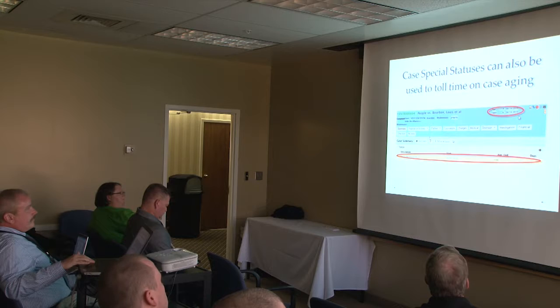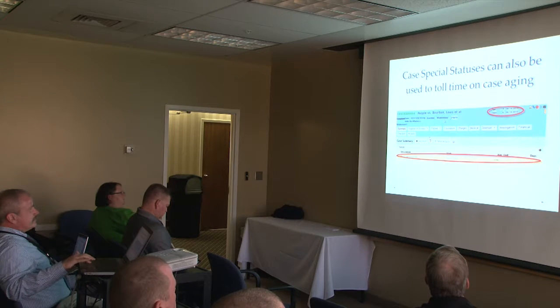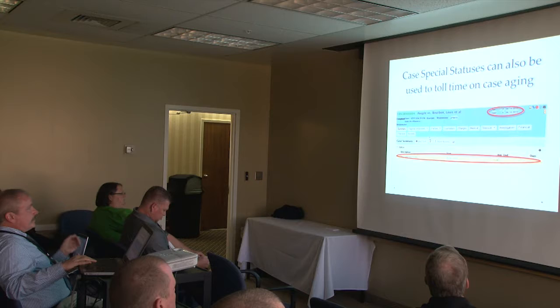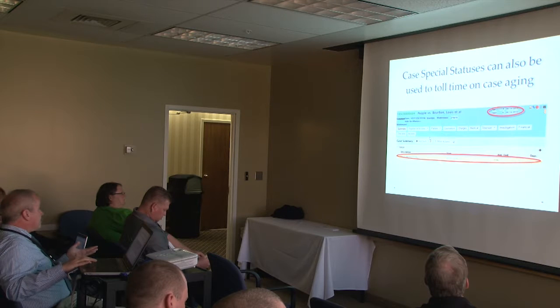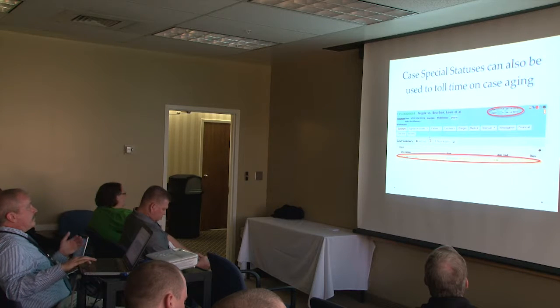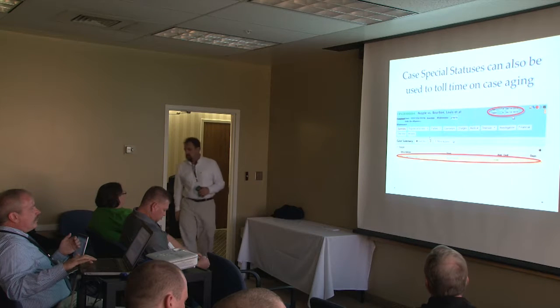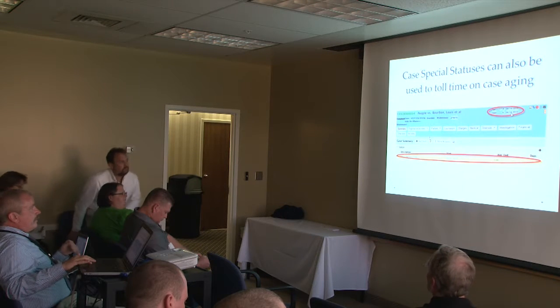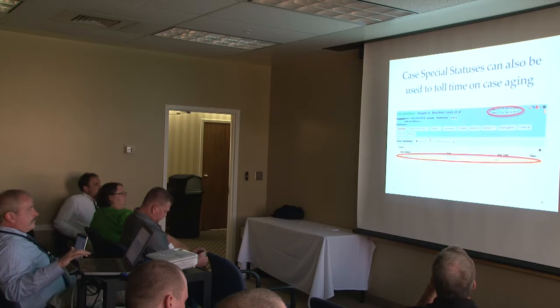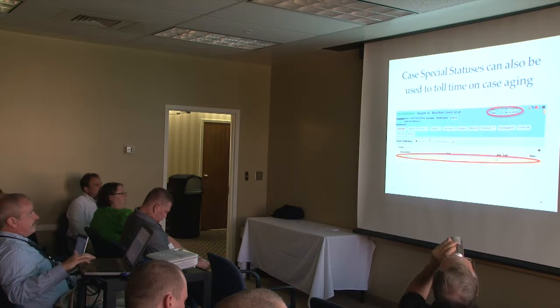So that's useful for management reporting of the effectiveness of your DCM program, because that's an important part. If your court were to embark on a heavy-duty thing like setting up a differential case management plan in your jurisdiction, you're going to want to know how successful it is. Is it worth the effort? And the fact that we can toll time on case aging helps to prove the effectiveness of the effort.